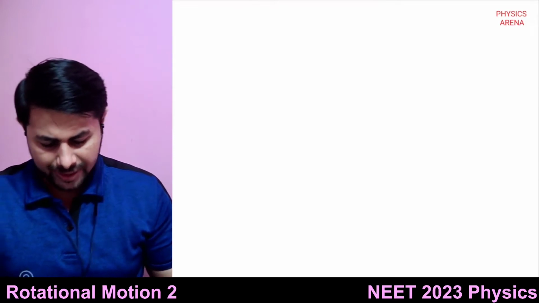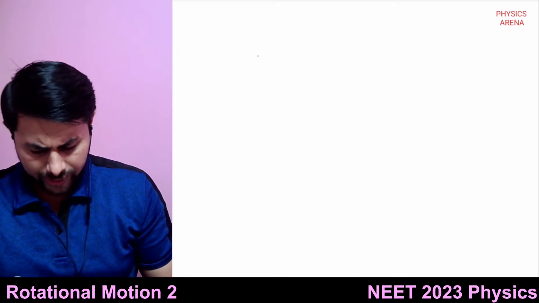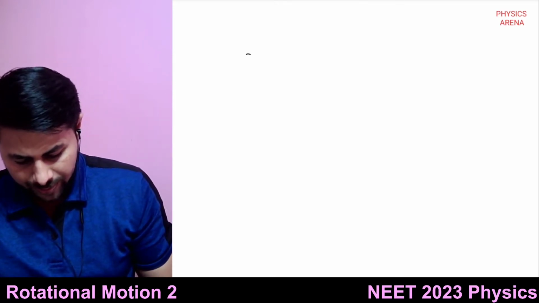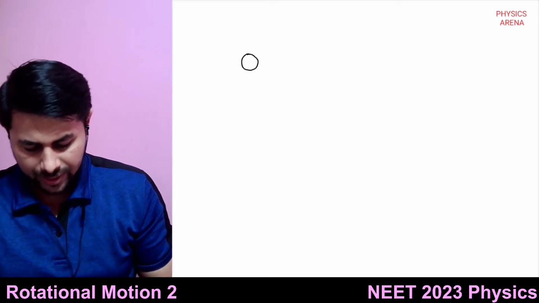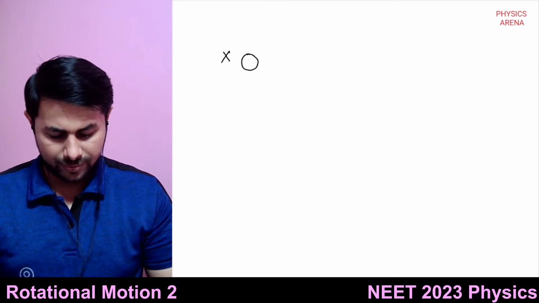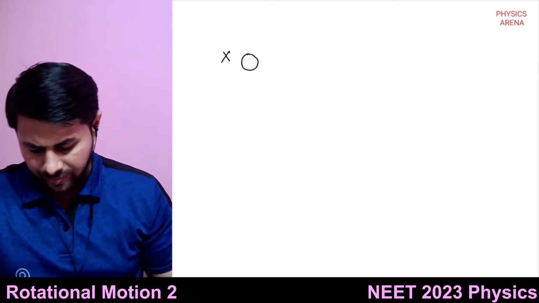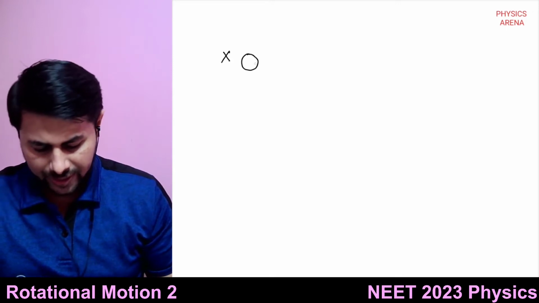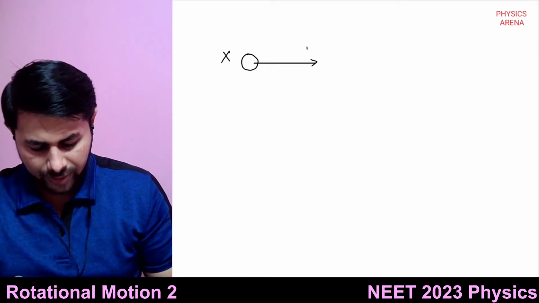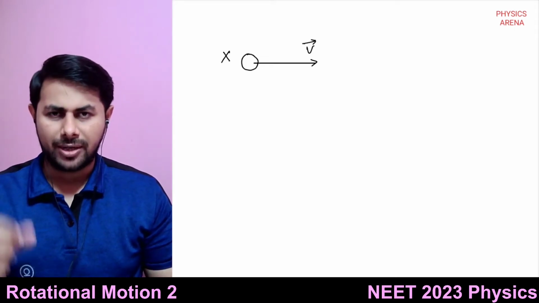So another example can be taken of a reaction. Let's suppose we have an element X. Okay, so this is an atom. X is an atom. So this atom was moving in this direction with some velocity. Let's suppose the velocity is v bar. And now all of a sudden what happens?